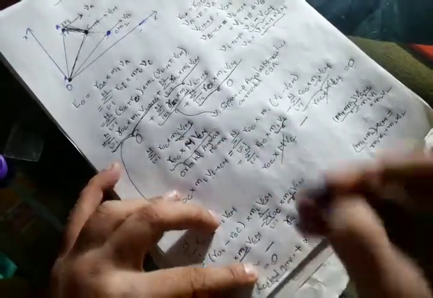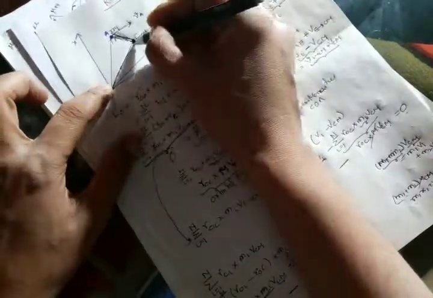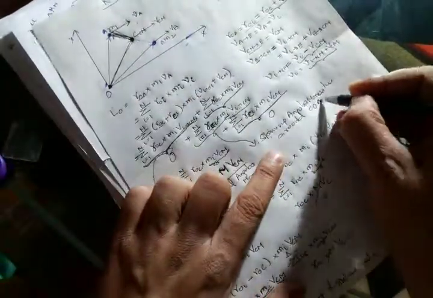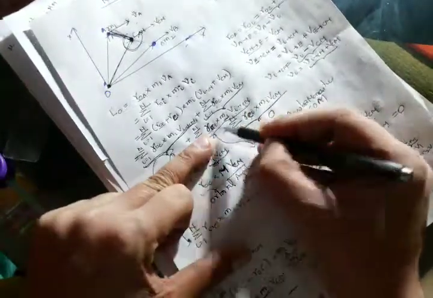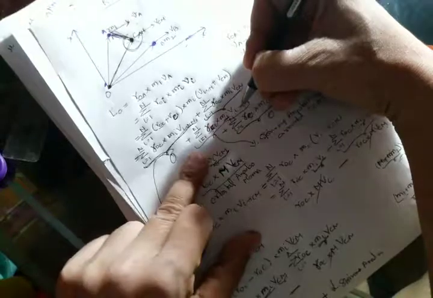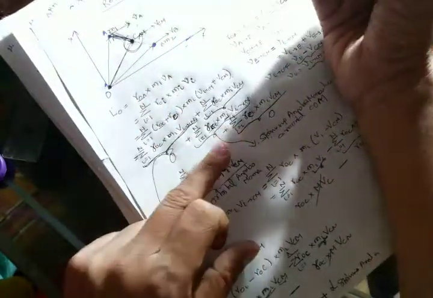This orbital angular momentum will be around the center of mass, and the spinning angular momentum is around the center of mass. Spinning angular momentum, we can see it: that's R_CI cross m_i v_I,CM with respect to the center of mass.